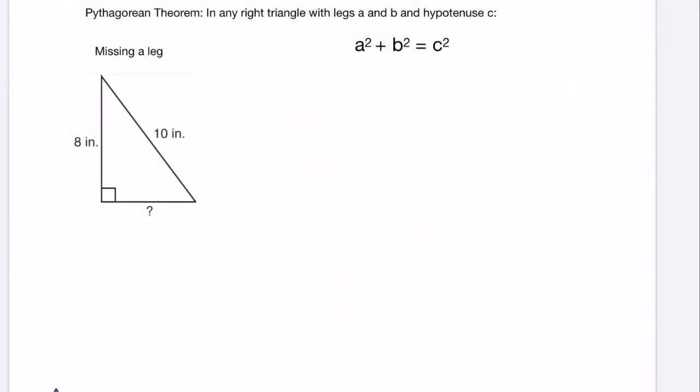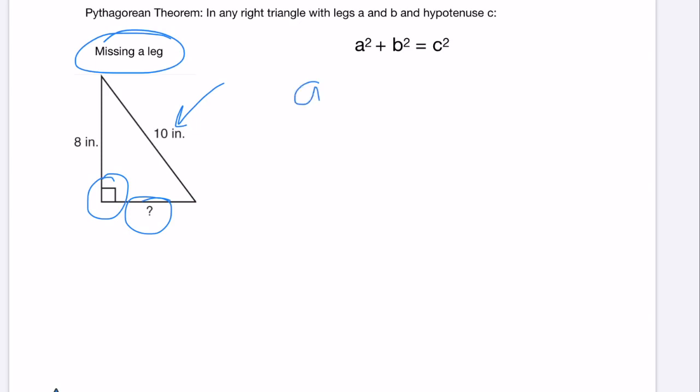For this particular example, we once again identify the right angle. The two sides that make the right angle are the legs, and this time we notice we are missing a leg. We have the hypotenuse here, 10, but we're missing one of the legs. When we look at a squared plus b squared equals c squared, one of the legs, and it doesn't matter a or b, will represent the variable we're trying to find.